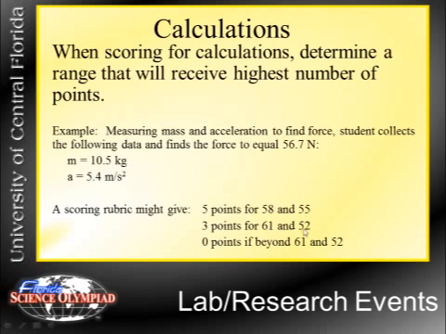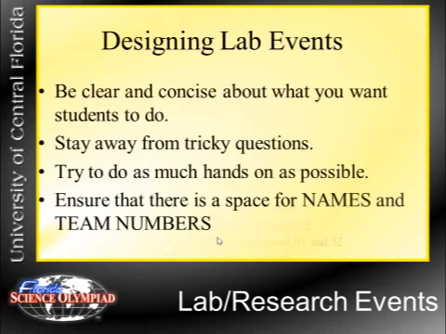And if they're out beyond 61 and 52, then they get 0 points. So this is a scoring rubric that will allow you to take into account error in measurement, especially in our lab-based events. So when you're designing a lab-based event, be very clear and concise about what you want the students to do, and don't do any tricky questions.